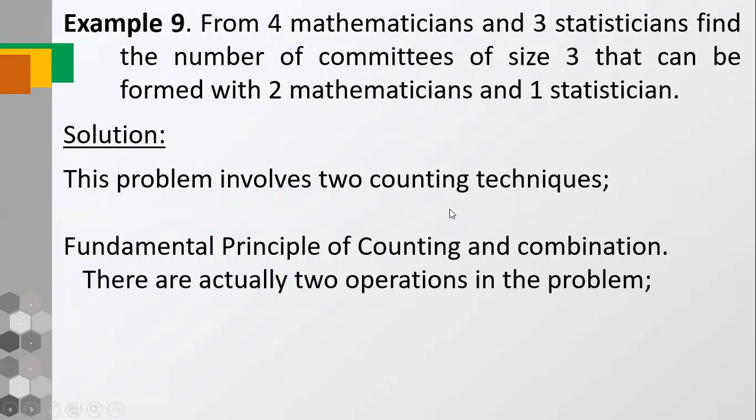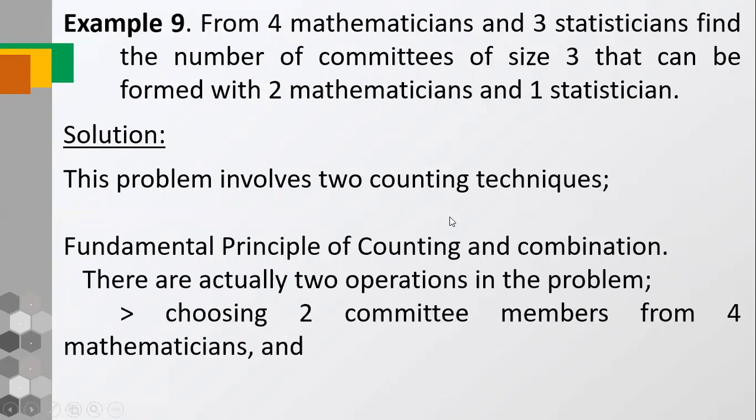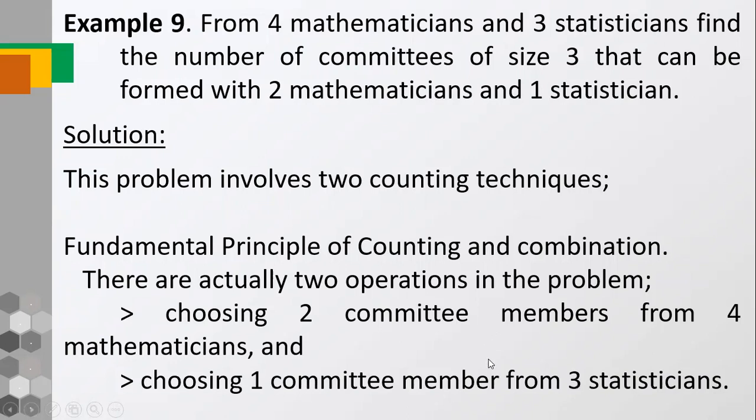So there are actually 2 operations in this problem: choosing 2 committee members from 4 mathematicians, then choosing 1 committee member from 3 statisticians. We will use combination for the first operation, and we will still use combination for the second operation. Then we will use FPC to find the total number of ways for selecting this.